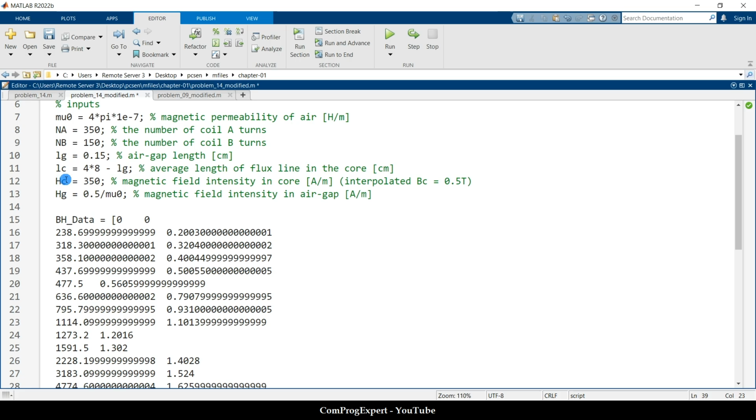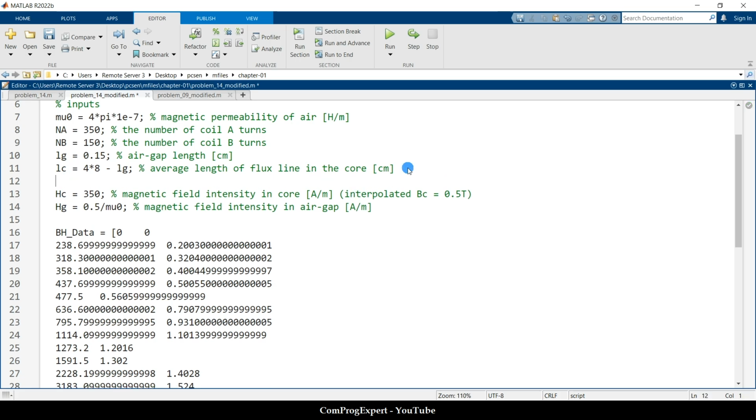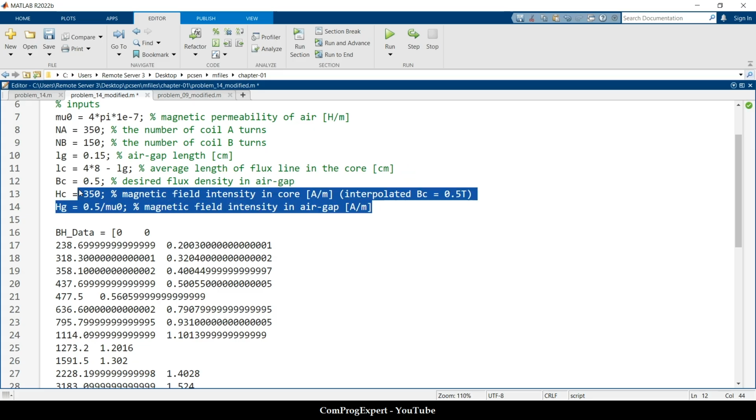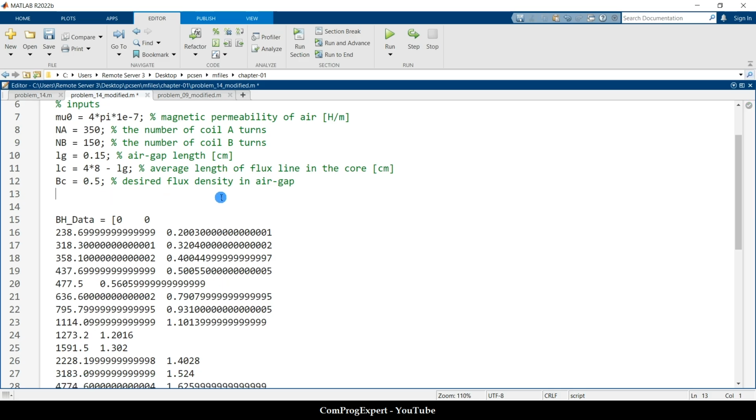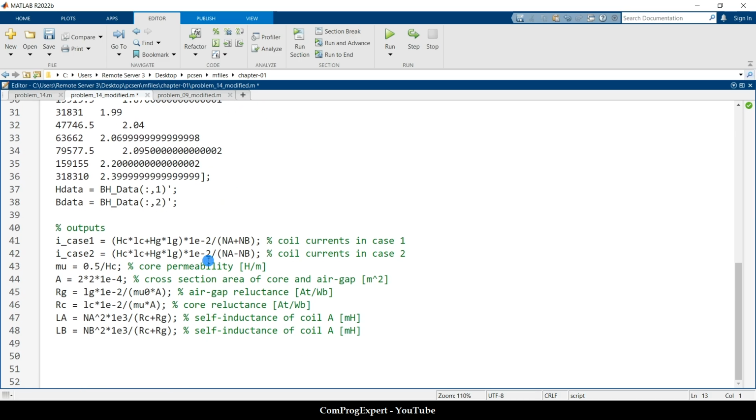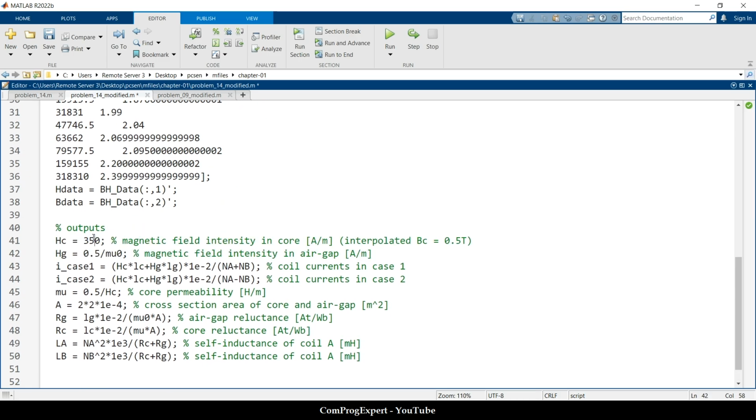And this is the B core, this is the 0.5 Tesla desired flux density in air gap. So we can use the BH curve and calculate the H core.